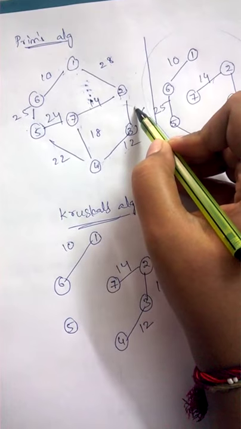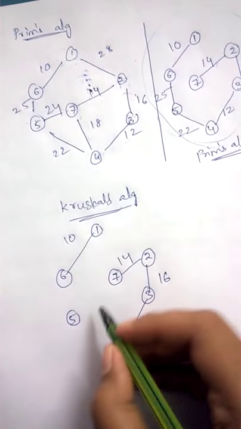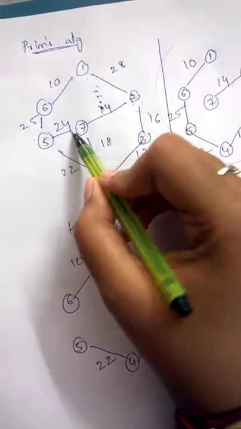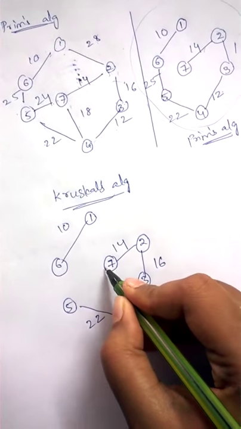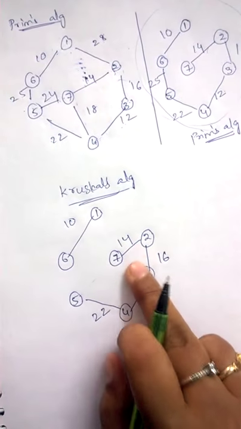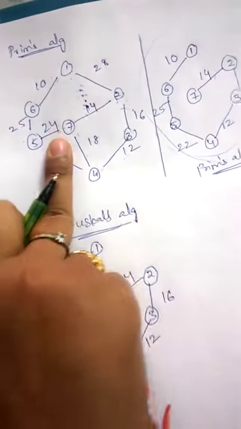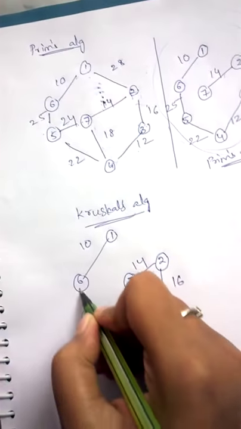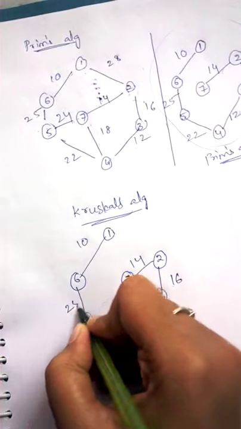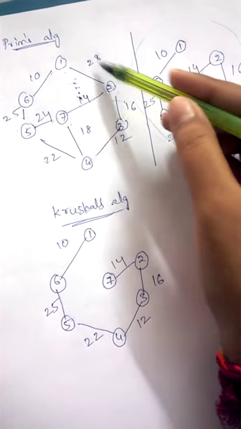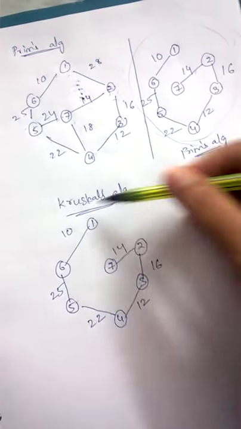After 16 the next least is 22. Next least is 24, but if I connect it, it will form a cycle, so it is wrong and I should not consider 24. After 24 the next least is 25. The next is 28, but if I connect it, it will form a cycle, so I should not do it.